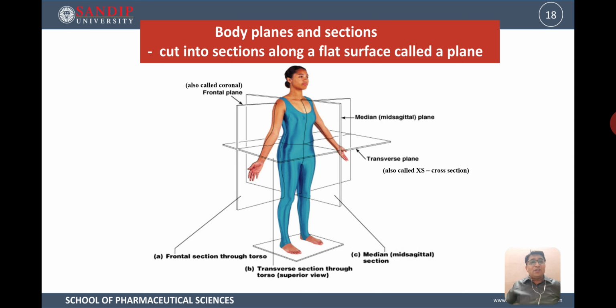Oblique section is a cut at an angle across the object. Then longitudinal section. Longitudinal means the body is cut along the long axis of the object.